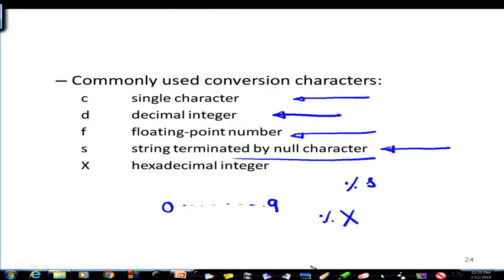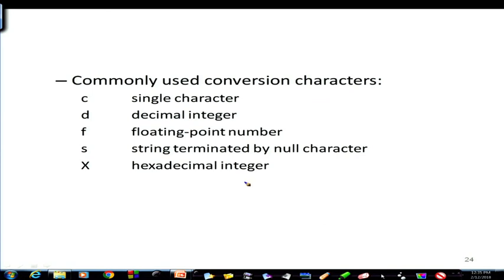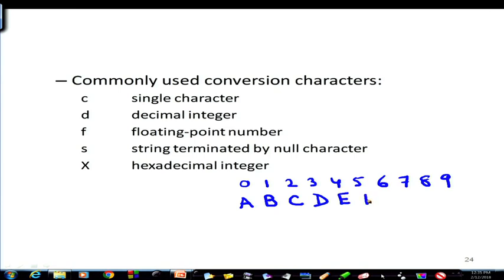All the numbers I am describing using 0 to 9, that is my alphabet set, whereas in the case of hexadecimal the base is 16, and so being base 16 I have got 0, 1, 2, 3, 4, 5, 6, 7, 8, 9, these 10 numbers, followed by A for 10, B for 11, C 12, D 13, E 14 and F 15.